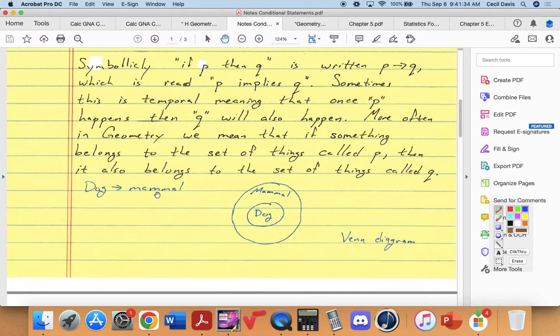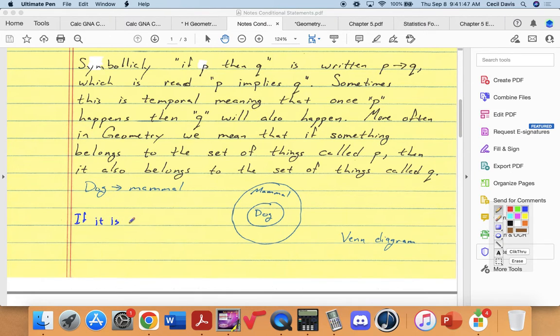Okay, I can see how you might do that. So here, dog implies mammal. So as an if-then sentence, this would be: if it is a dog, then it is a mammal.